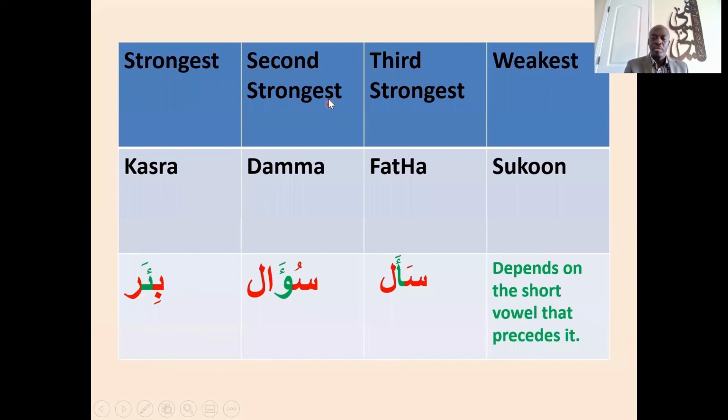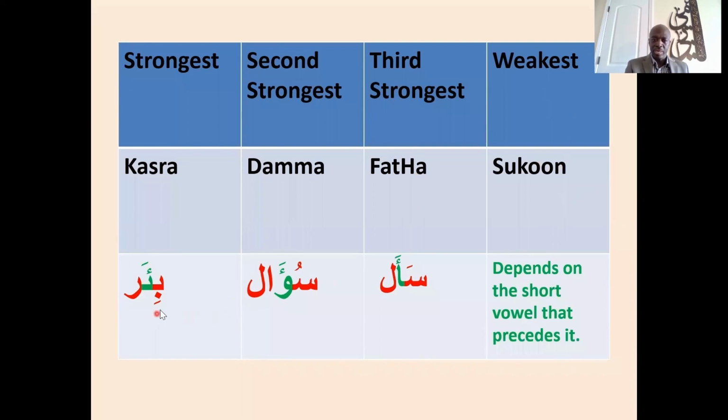And before we figure out the seating for the Hamza, we need to remember the rules. The rules here are actually one rule, but four different sets. The first one is the kasra, and the kasra is the strongest. The dhamma is the second strongest. The fatha, the third strongest, and the weakest is the sukoon.